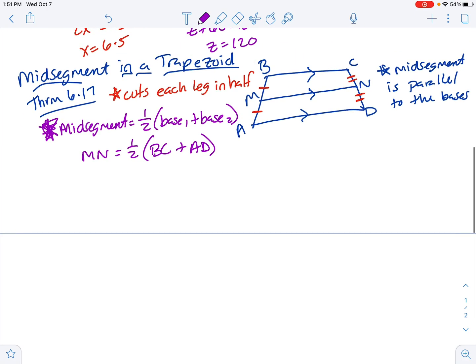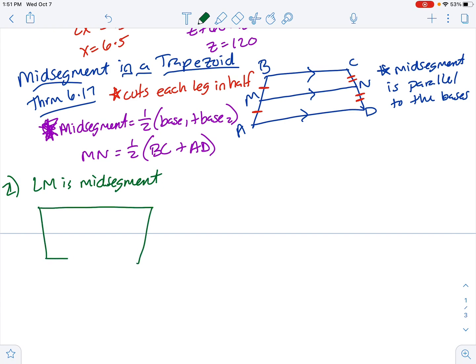Okay, a couple that we're going to do as examples. I'm going to tell you that LM is a mid-segment. Here's LM.